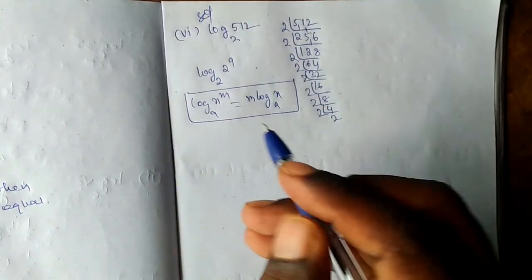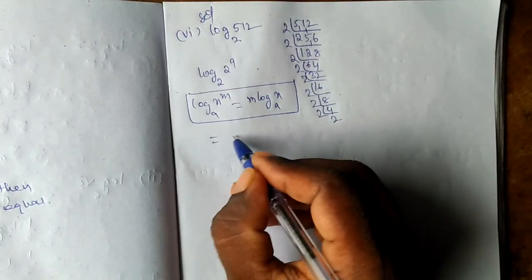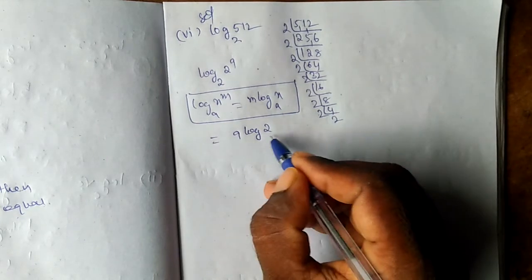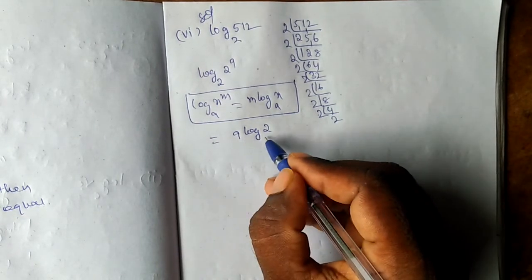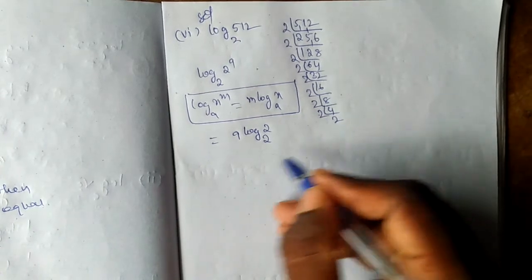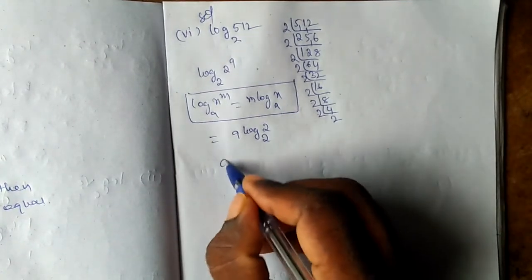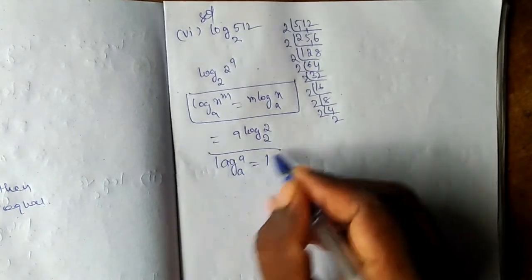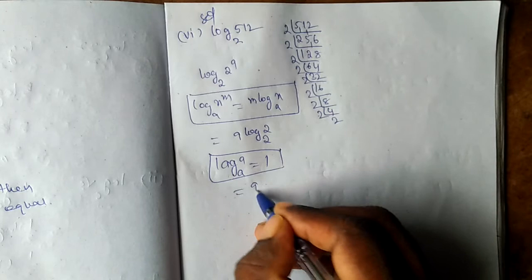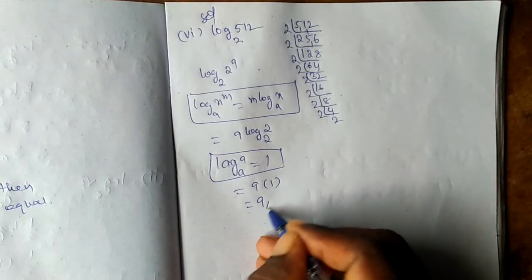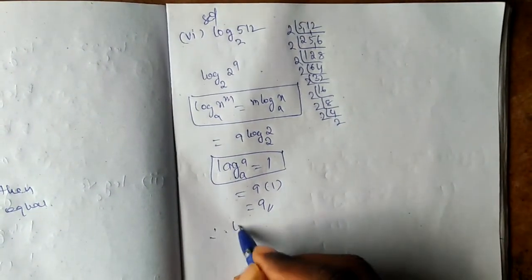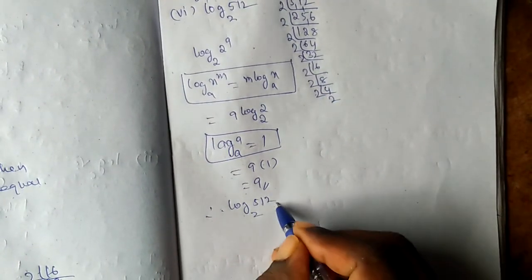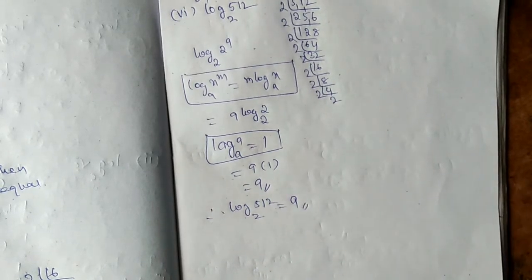I am using this formula, so that is equal to 9 log 2 base 2. Also, log a base a is equal to 1. So 9 into 1 is equal to 9. Therefore, log 512 base 2 is equal to 9.